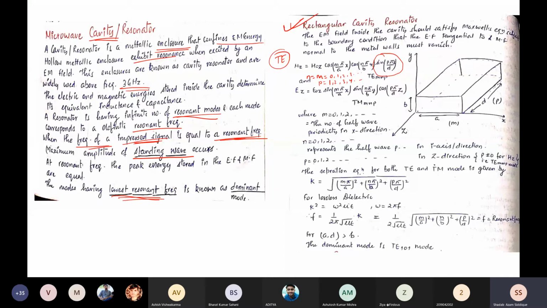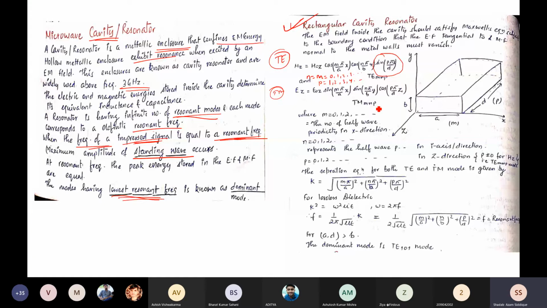Now we have the Ez component, due to the TM mode. So we can say TM, and here the MNP mode is there. It is represented as Ez equal to E naught Z sin(m pi x by A) sin(n pi y by B) cos(p pi z by D). So here you can see M should start from 1, 2, 3, 4, 5, and so on.